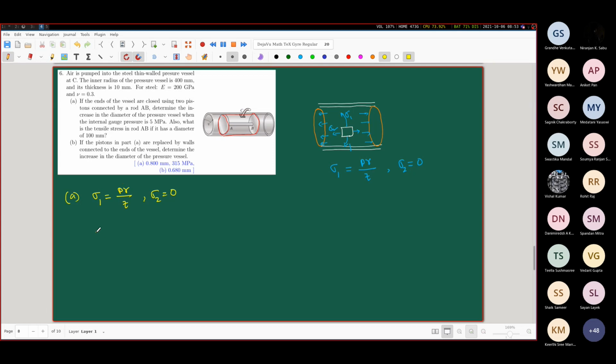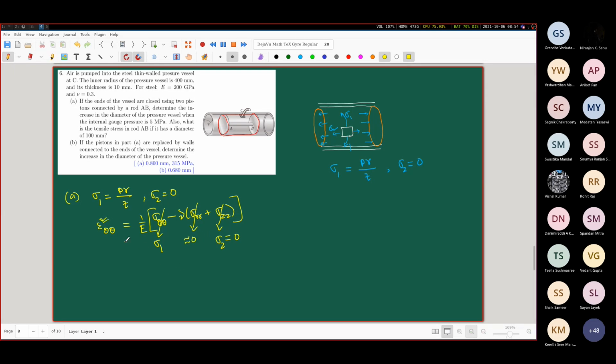The increase in the diameter, we have seen that you can obtain from epsilon theta theta equal to 1 by E times (sigma theta theta minus nu times (sigma RR plus sigma ZZ)). So I'm attempting this part: determine the increase in the diameter of the pressure vessel. Sigma theta theta is sigma 1, sigma ZZ is sigma 2, which is equal to 0, and sigma R is approximately equal to 0.